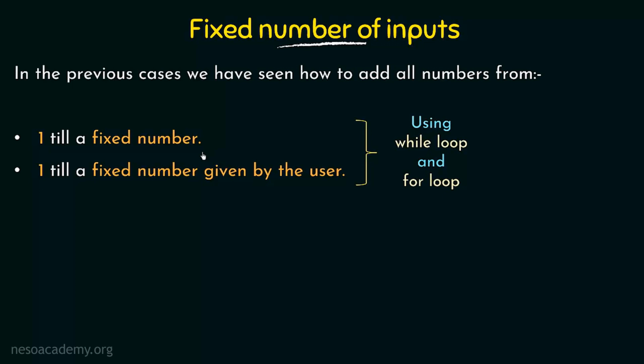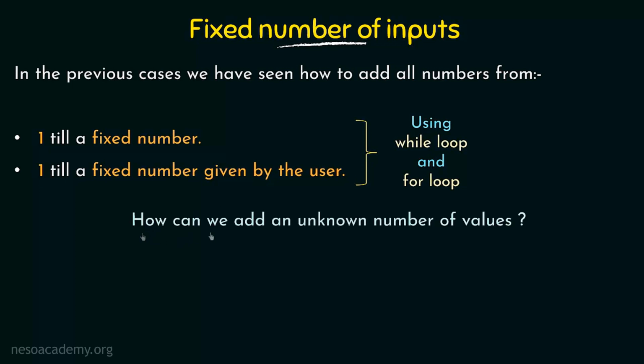In the next case, we asked the user to enter the number till which they want to do the addition. If the user entered, let's say, 4, then 4 is treated as the fixed number, and we added 1 plus 2 plus 3 plus 4. That is what we have been doing so far, working with a fixed number of inputs.